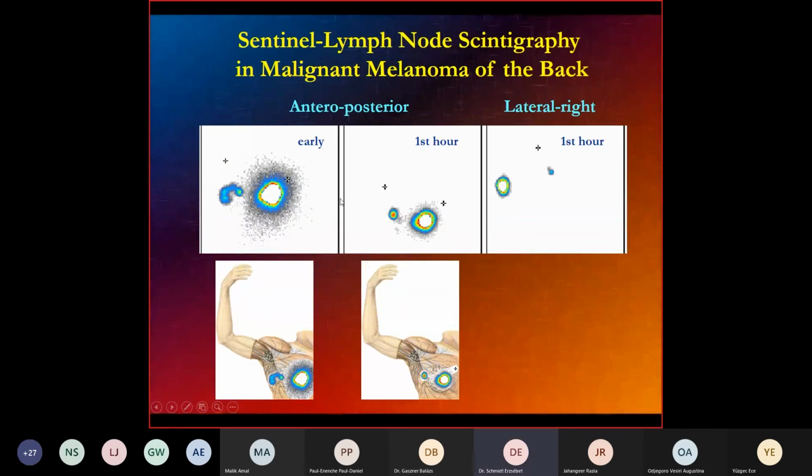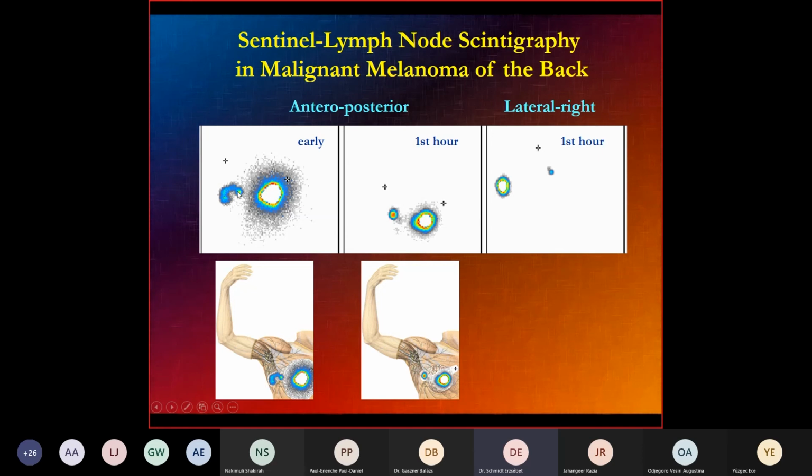These are sentinel lymph node scintigraphy in malignant melanoma of the back, from antero-posterior and from right lateral view. One hour after peritumoral injection of the radiopharmaceutical, you can see an intensive activity in the right axillary region.